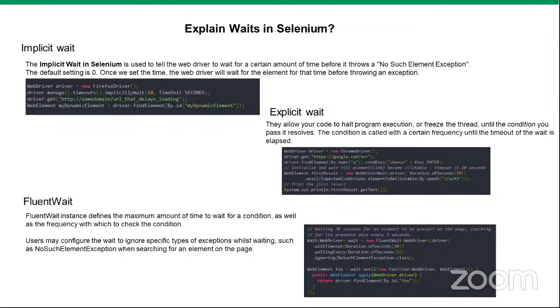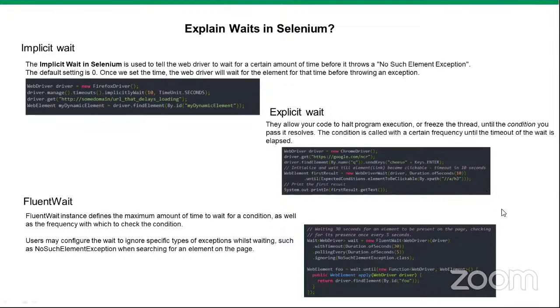The additional feature of fluent wait compared to explicit wait is that it has the capability to provide polling time, and we can also provide the timeout duration and exceptions. We can provide settings to ignore exceptions.